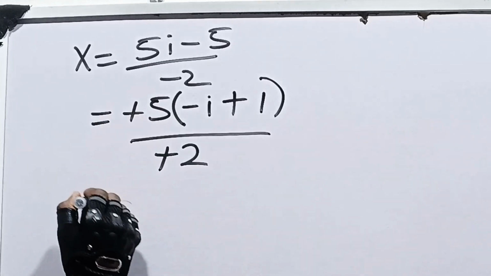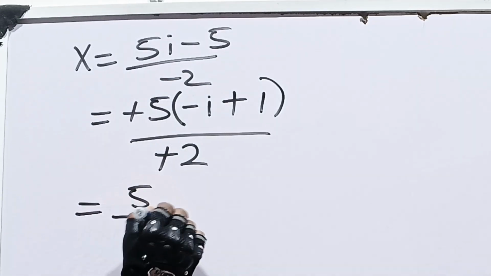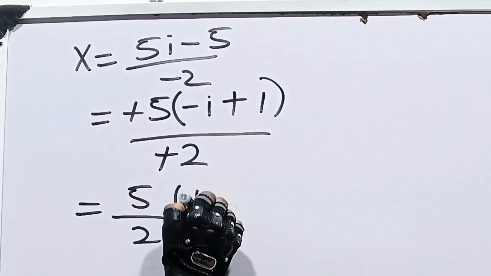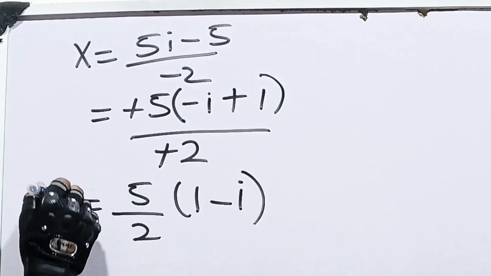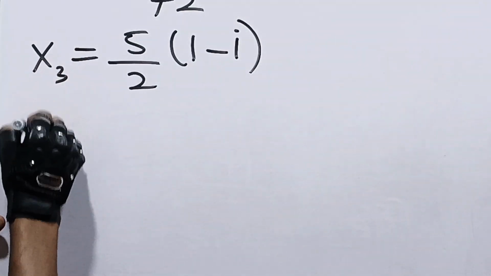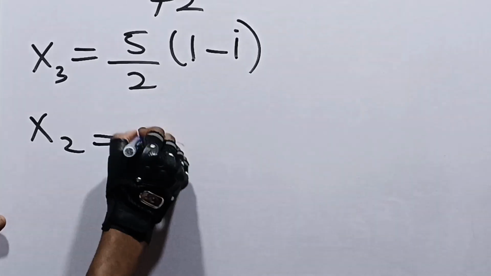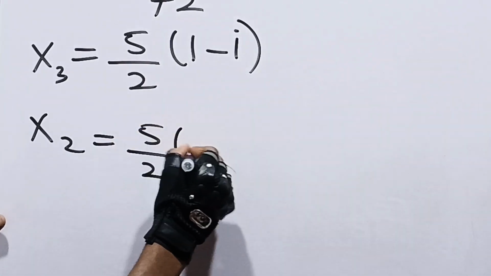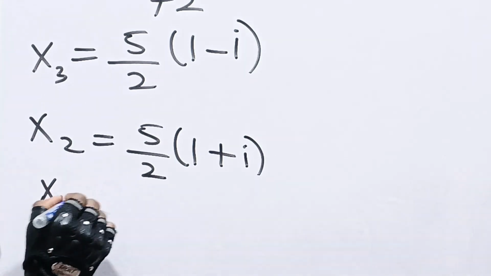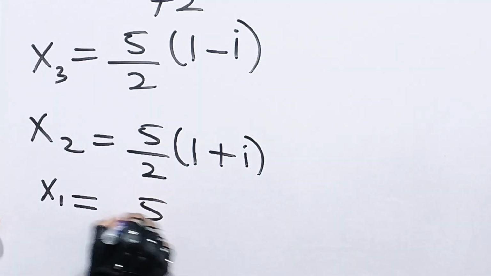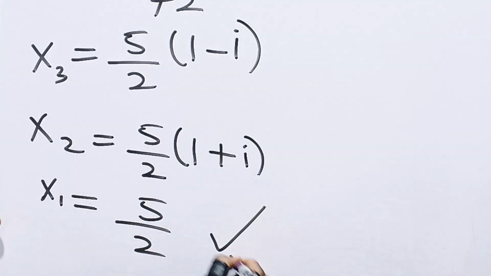Minus over minus is plus, so that this will become equal to 5 over 2 multiplied by 1 minus i. Okay? Now, this is our x3. And remember that our x2 is equal to 5 over 2 into 1 plus i, and our x1 is equal to 5 over 2. Okay? So these are the 3 answers for x in this question.